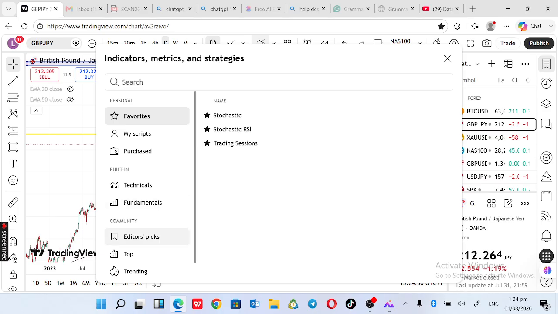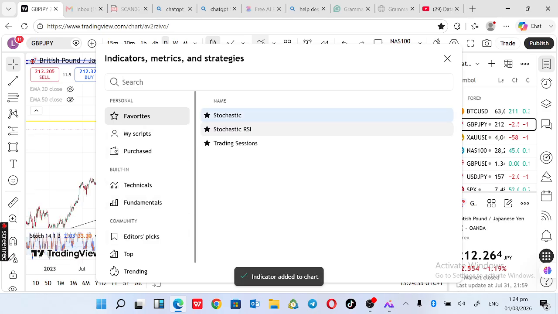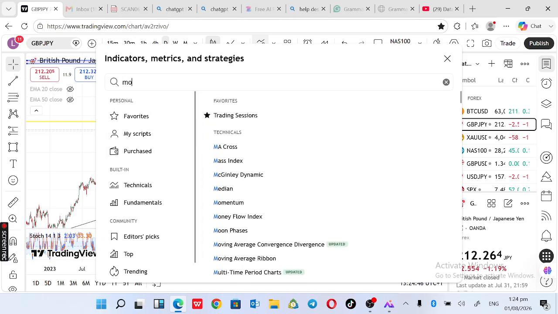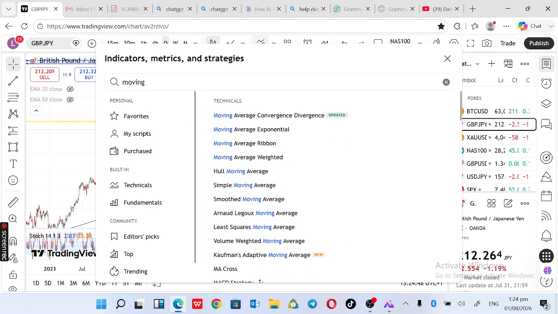Our indicators will look for the stochastic oscillator. We look for, okay, let's use the one that has stochastic RSI. Then let's bring in moving average. We use moving average exponential.